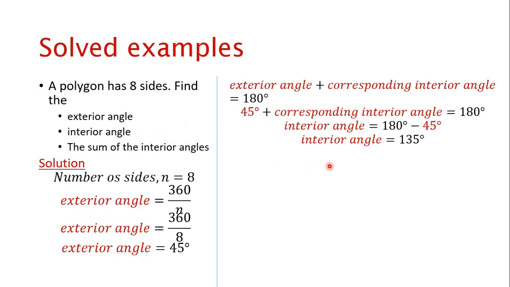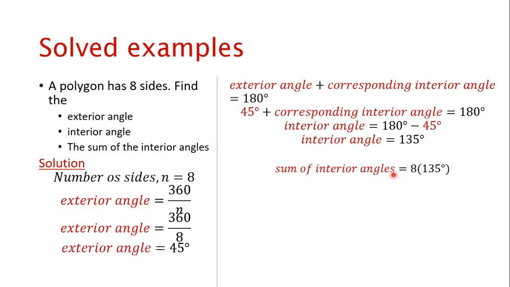Now we are looking for the sum of interior angles. We have two ways of solving this part of the question. The first way, we know that sum of interior angles is 8 multiplied by 135 degrees. Why are we saying that?